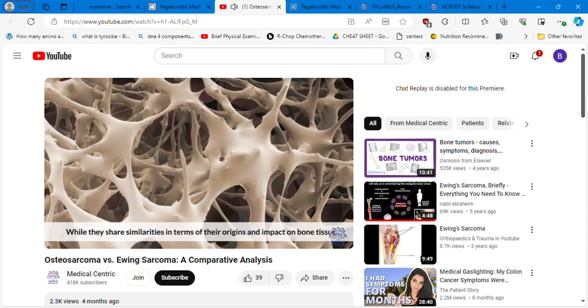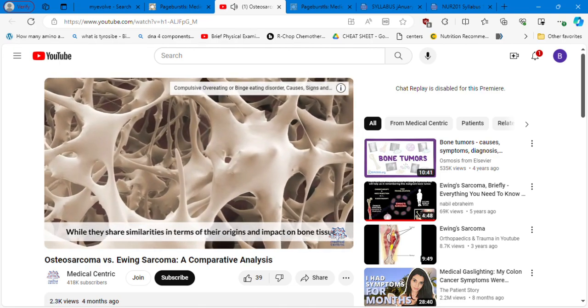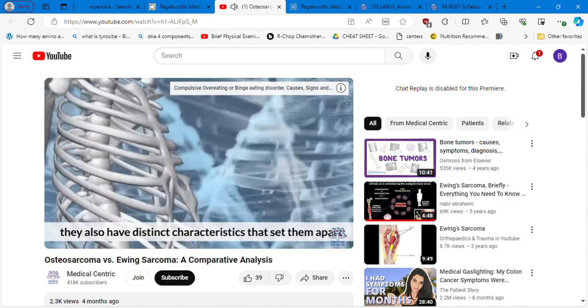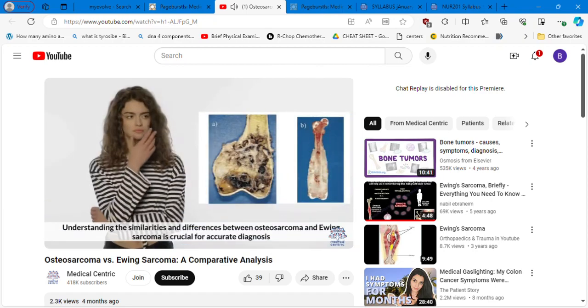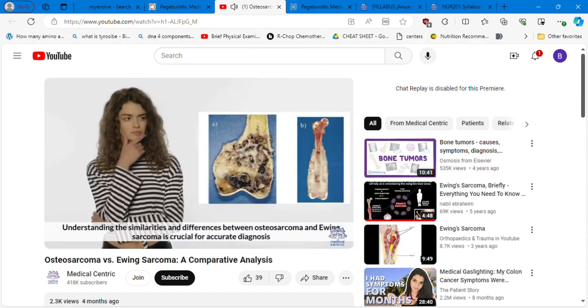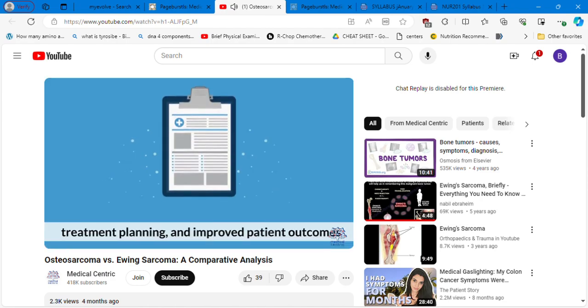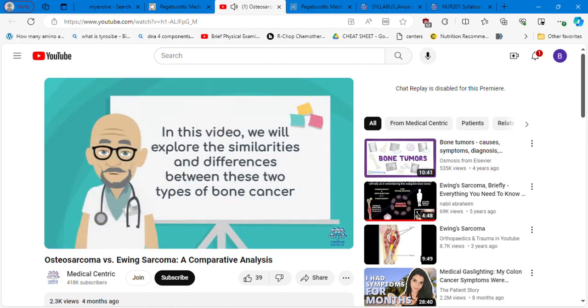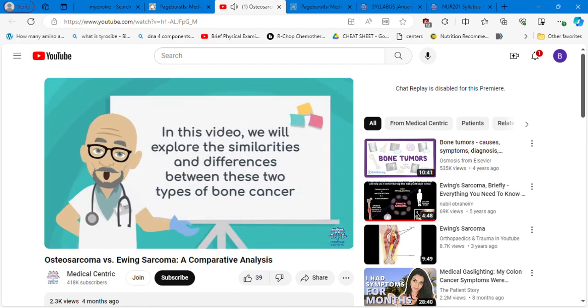While they share similarities in terms of their origins and impact on bone tissue, they also have distinct characteristics that set them apart. Understanding the similarities and differences between osteosarcoma and Ewing sarcoma is crucial for accurate diagnosis, treatment planning, and improved patient outcomes. In this video, we will explore the similarities and differences between these two types of bone cancer.